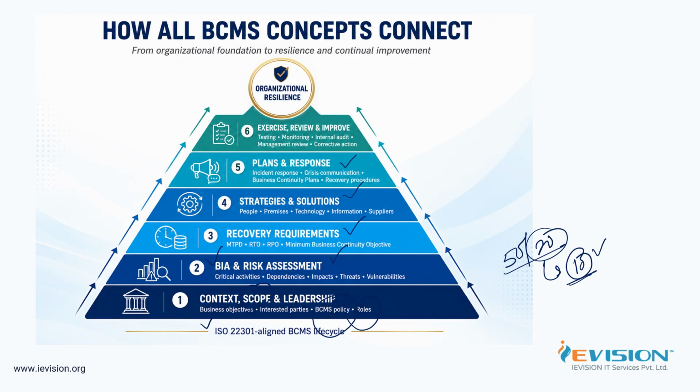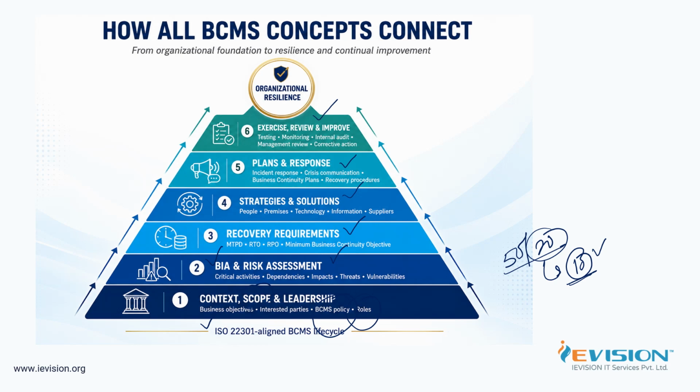You will have an exact plan for the respective situation, and that's exactly the incident response plan, crisis communication, business continuity plan, recovery procedures, and finally you are going to be exercising that, reviewing that, and identifying the improvement areas.